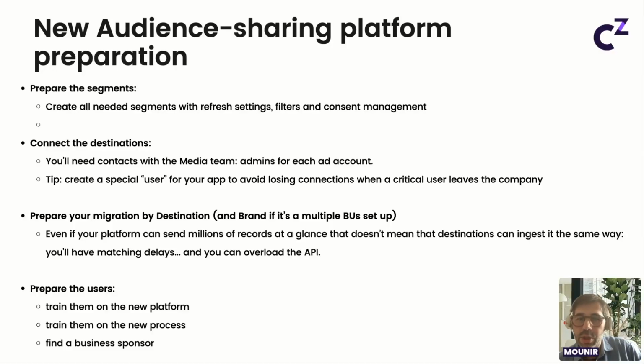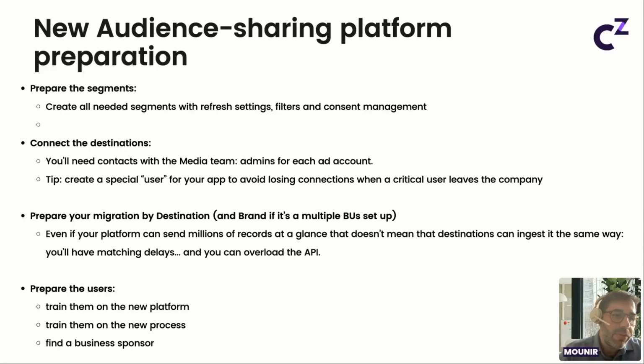Prepare your migration by destination, and if it's a multiple business units setup, by brand. Even if you're considering Data Cloud, sending millions of records to any destination at a glance seems a pretty basic capability, but that doesn't mean destinations can ingest it the same way.